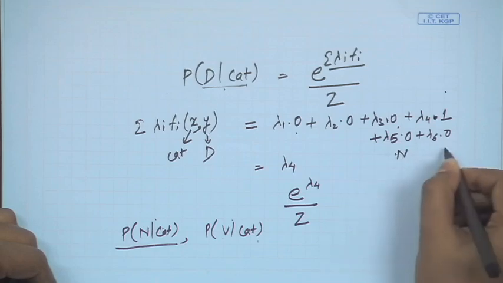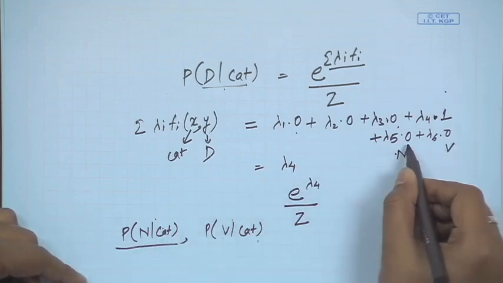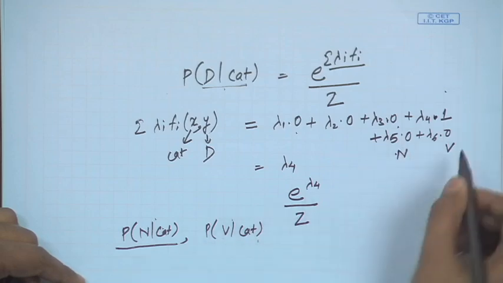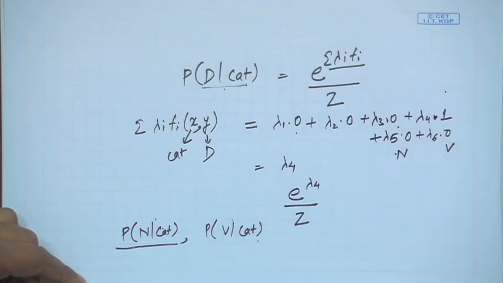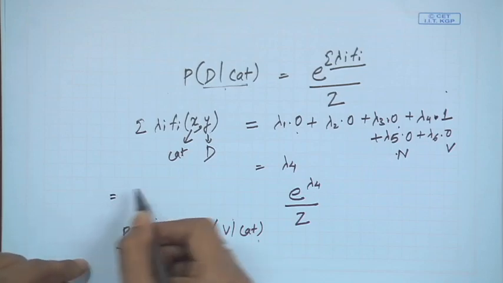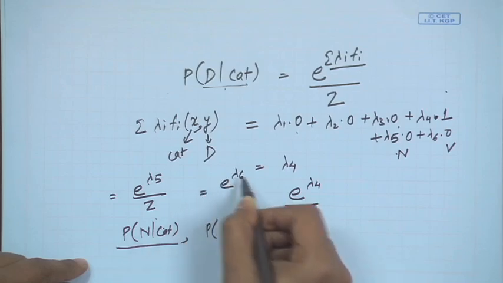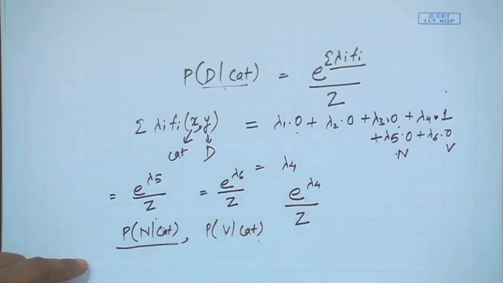So for n given cat, f5 will be 1, and for v given cat, f6 will be 1. So probability n given cat will be e to the power lambda 5 divided by z, and this will be e to the power lambda 6 divided by z. Okay.